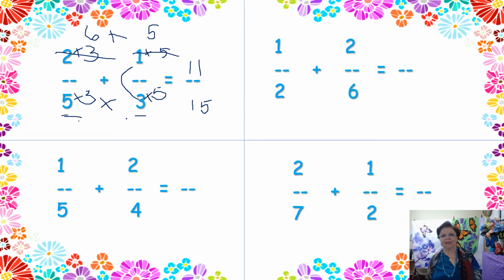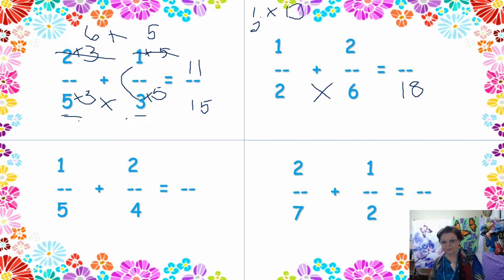So, here's what you're going to do. You're going to multiply. 2 times 6 is 18. Step 1, multiply the denominators.